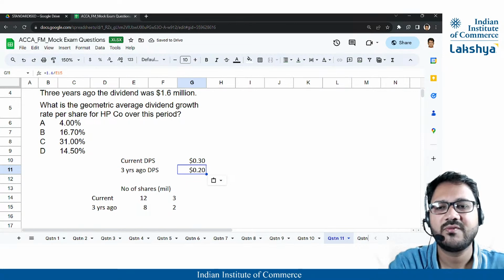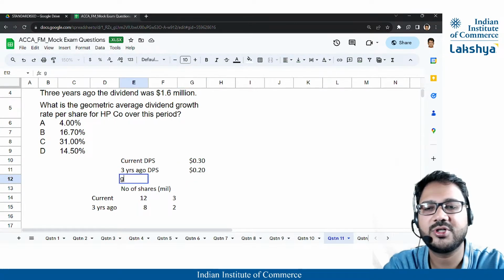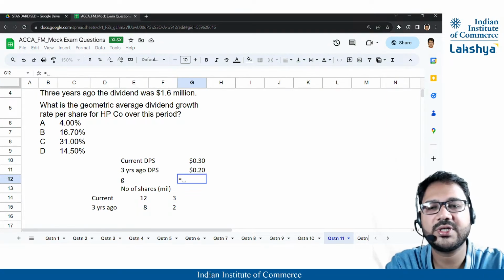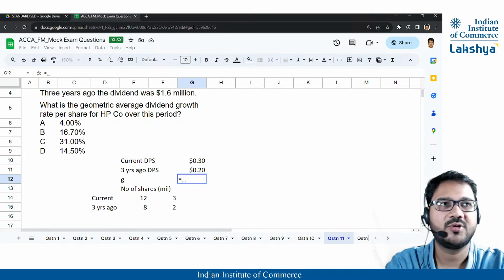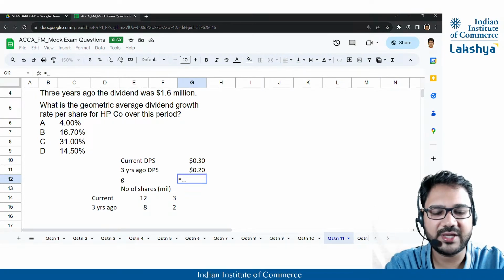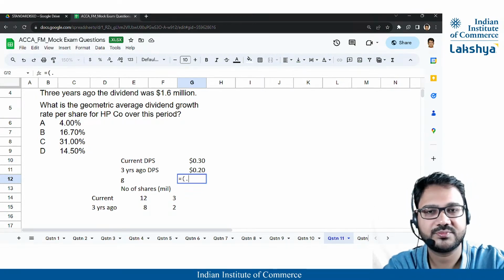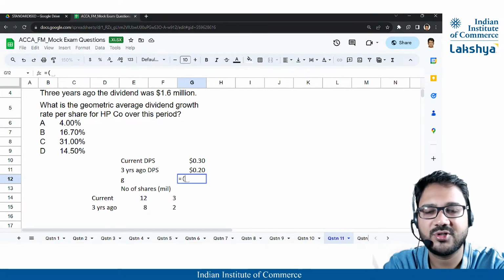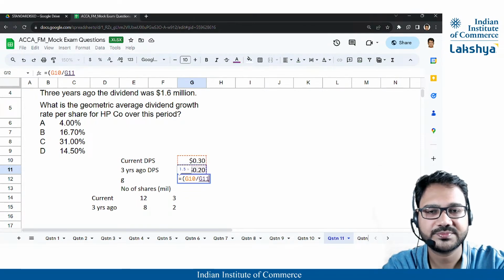So now, very simply, we can just put in our formula. Third root, now instead of doing third root, we can just raise to 1 by 3. So dividend per share today, that's 0.3, divided by dividend per share n years ago, which is 3 years ago. Let's use cell referencing. It's always a good habit to always cell refer.